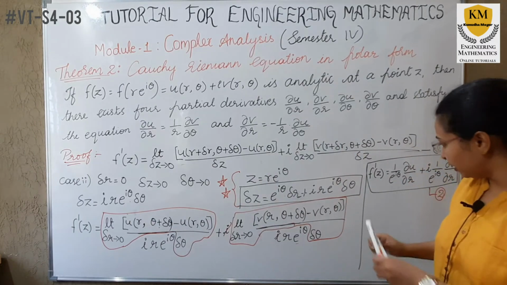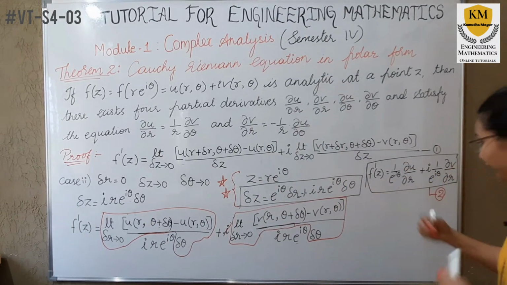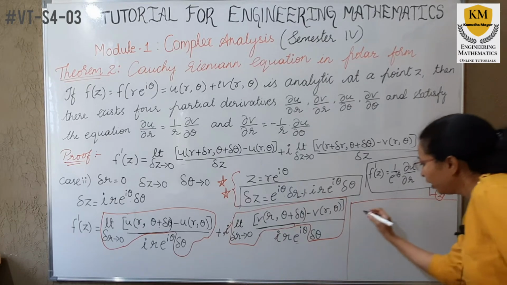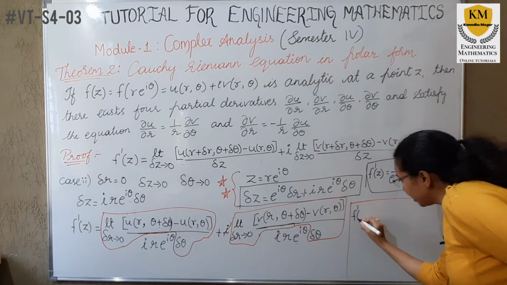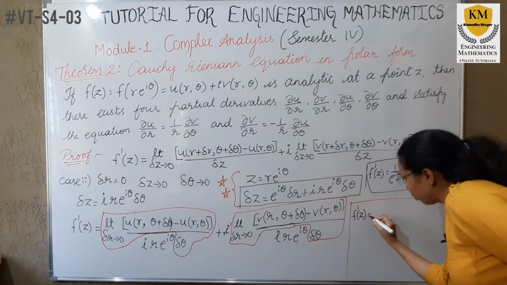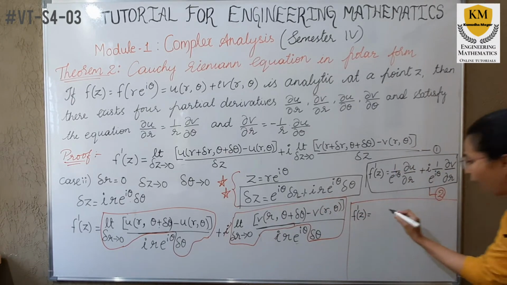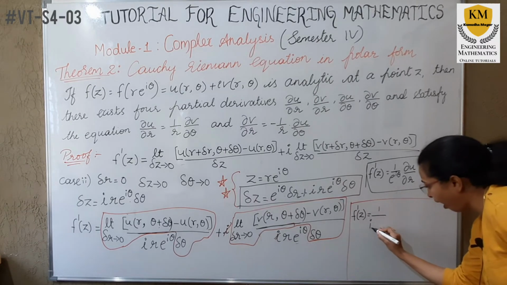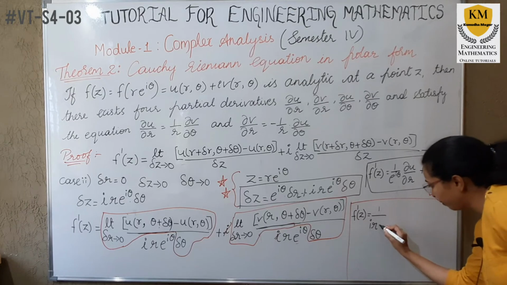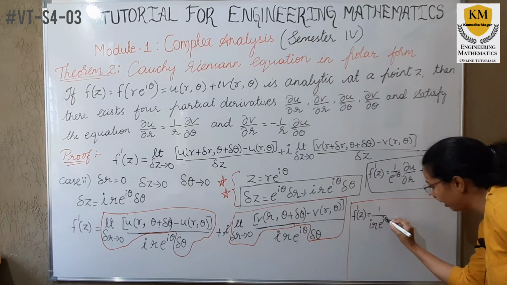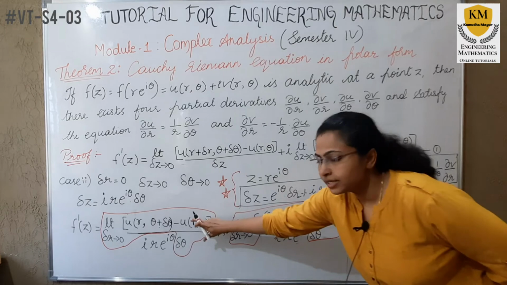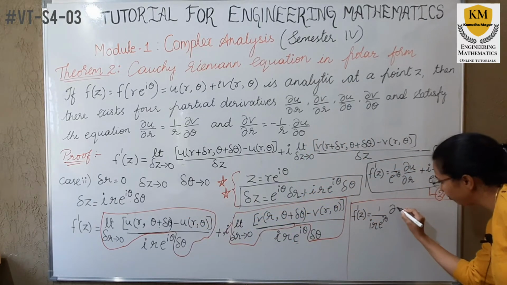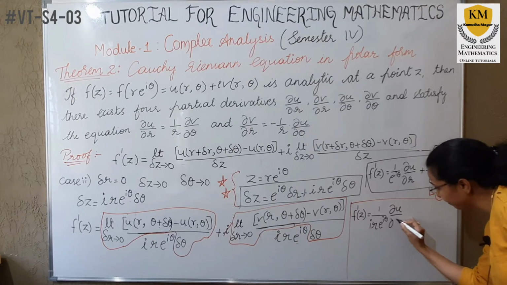So further I can write that as, look here, I am going to write it now in this box. f dash of z is equal to, observe, 1 divided by i r e to the power i theta. I will write as it is. This is the definition, partial derivative of del u by del theta.